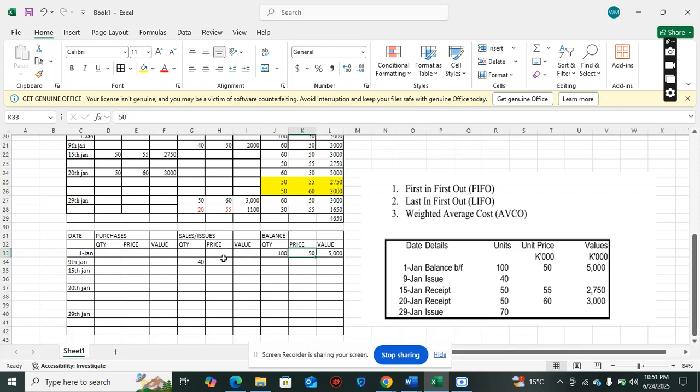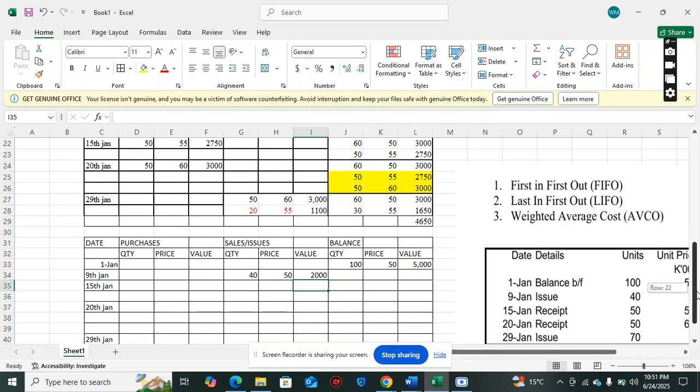Okay. So these 40 units valued at 50 kwacha, we get 2000. That's the total value, 2000 kwacha.